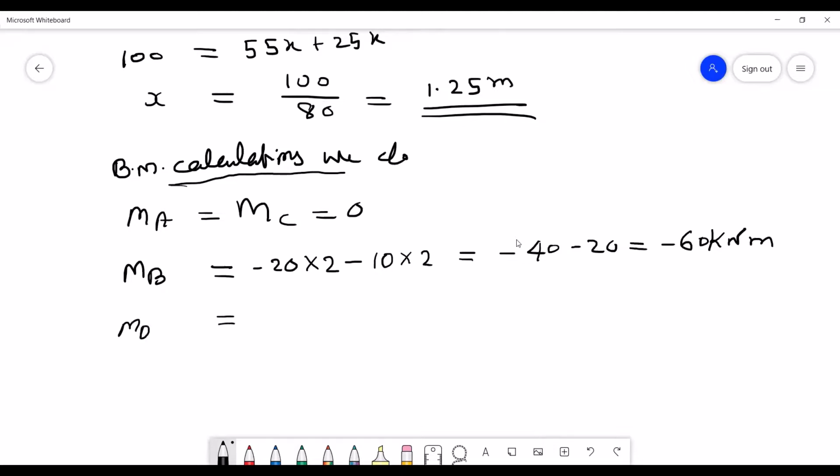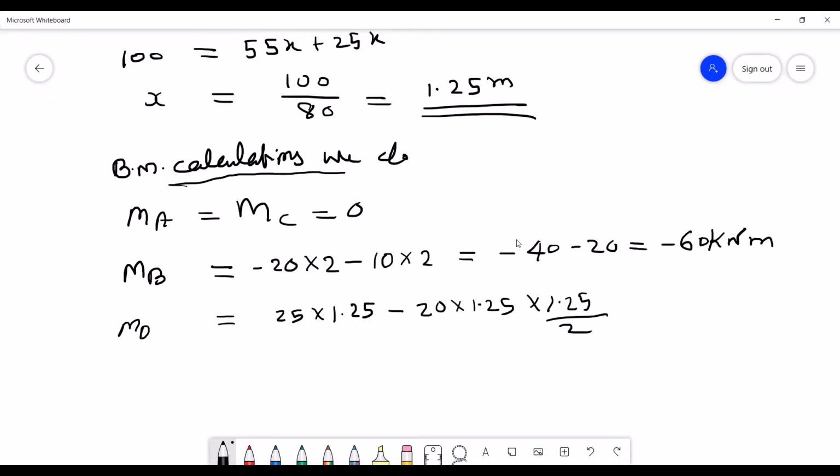The bending moment at D is 25 at a distance of 1.25, which is positive, minus 20 into 1.25 into 1.25 divided by 2.